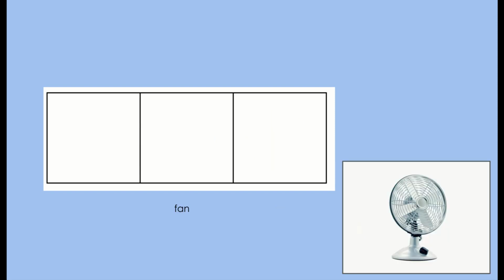Now we will pull apart the words into their individual sounds using the sound boxes. The first word that we will pull apart is the word tug. Ready? T-U-G. Tug. The next word is fan. F-an.